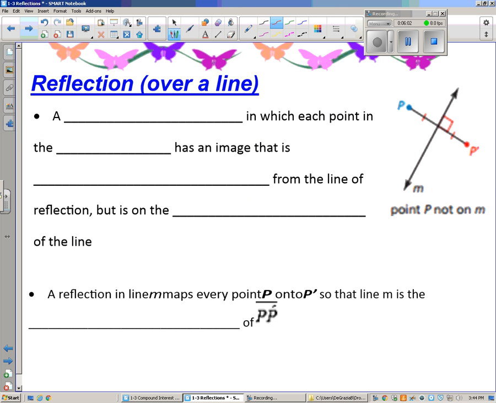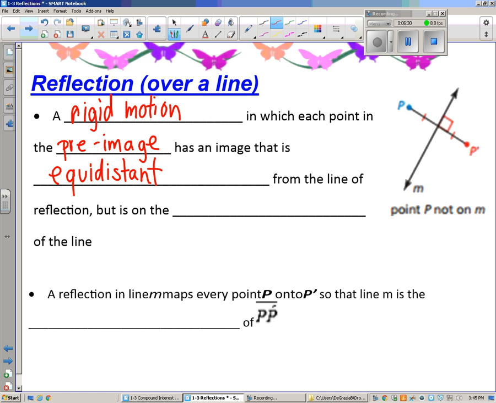If we're doing a reflection over a line, we know already that it is a rigid motion, in which each point in the pre-image has an image that is equidistant, or the same distance, from the line of reflection, but is on the other side of the line.